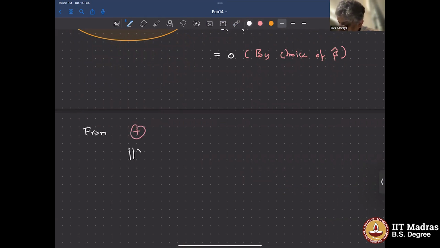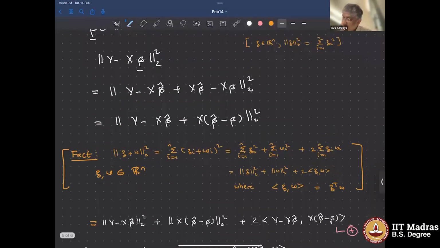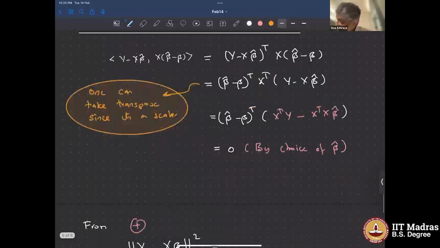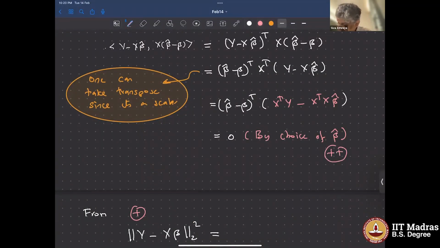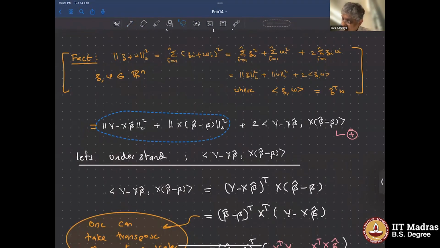I've shown that the squared L2 norm of y minus x beta is equal to just these two terms. Let's call this plus and this plus plus. What have we shown? We have shown y minus x beta is just these two terms.